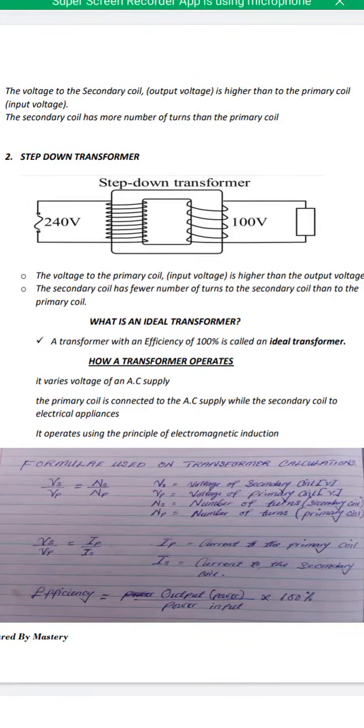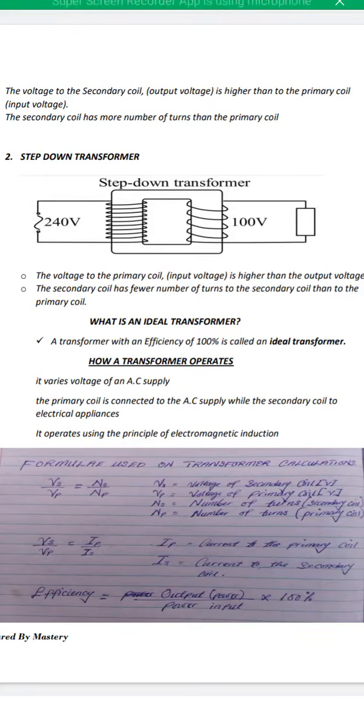The voltage to the secondary coil is directly proportional to the number of turns to the secondary coil, and the voltage to the primary coil is directly proportional to the number of turns to the primary coil. Vs stands for voltage of secondary coil, Vp for voltage of primary coil, Ns the number of turns to the secondary coil, and Np the number of turns to the primary coil.